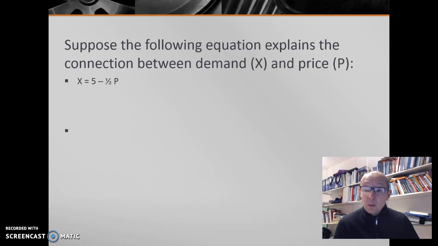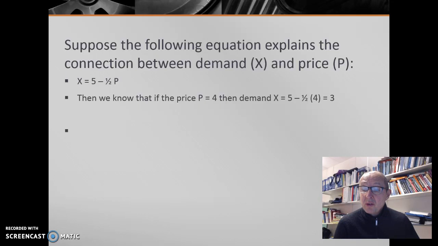As economists, we would say that P is exogenous and X is the endogenous variable. The result: the endogenous variable X depends on the exogenous variable P. In other words, you don't get X equal to 3 if not P equals 4.